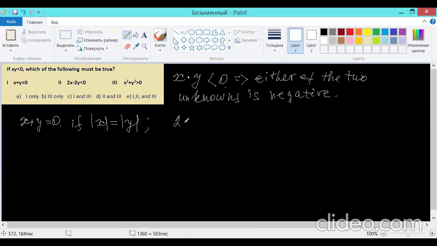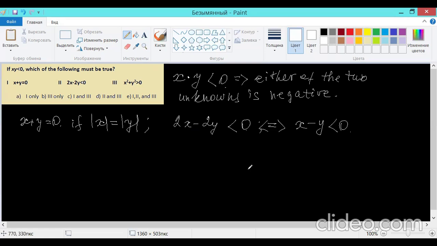Twice x minus twice y is less than 0. If we divide both the left and the right side of this inequality by 2, nothing will change because we divide not by 0 but by 2, and 2 is positive, which means the sign will not change. So it's equivalent to the inequality x minus y is less than 0.